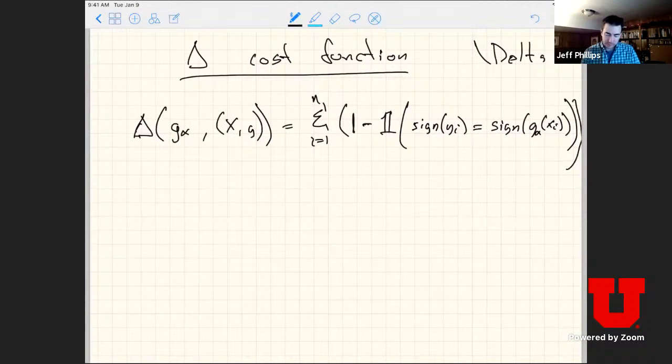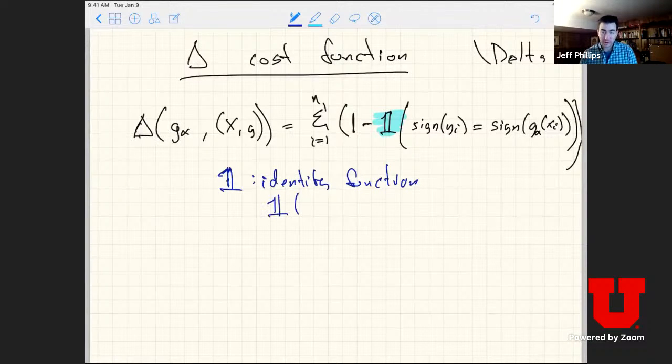Okay, so this symbol is kind of like a blackboard bold 1. We'll call this the identity function. It's defined so that it has a truth inequality inside of here, where if the inside is true, then it's going to give a value of 1.